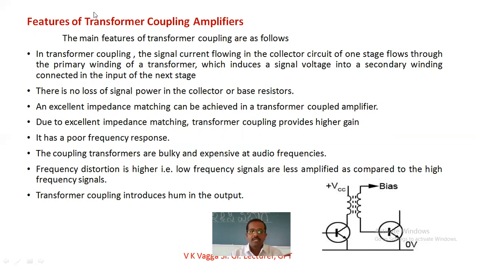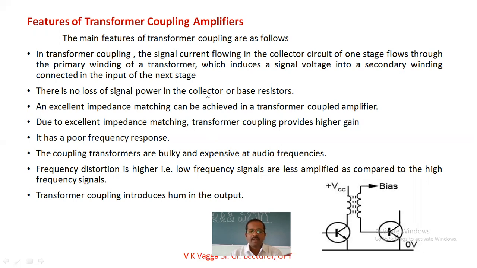Again, I am going to repeat here. If you take the features of the transformer coupling, the output of the one stage collector terminal is connected to the primary coil of the transformer, and the secondary coil of the transformer is connected at the input of the next stage, and the arrangement is called the transformer coupling. In this case, there is no power loss.